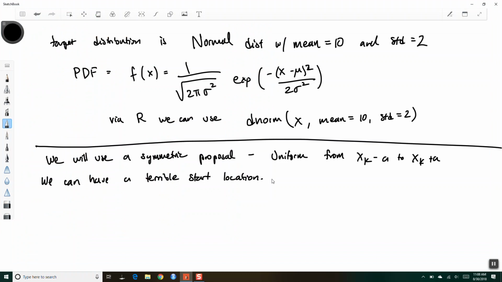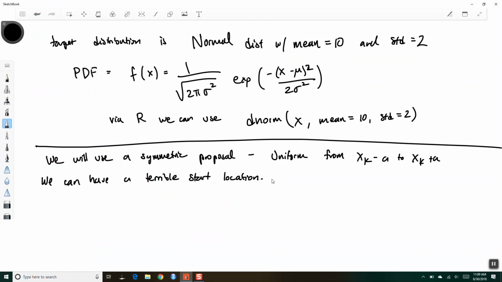But in this case, because the normal distribution doesn't actually ever reach 0, it reaches very small values, but not 0, we can start in a terrible location, and we will move in the correct direction, okay?